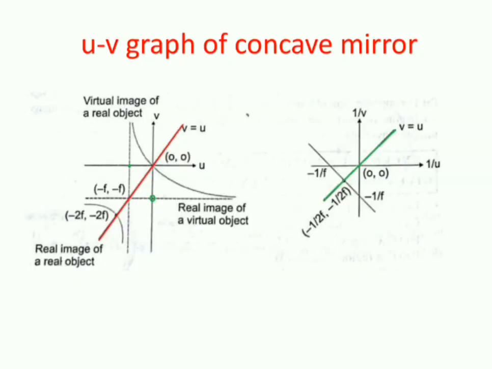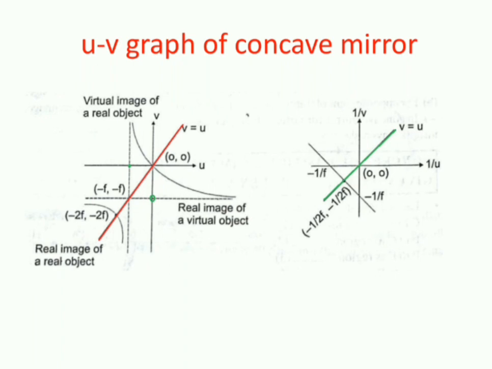Now look at it. What is the nature of the U versus V graph for a concave mirror? Two graphs I have given. One is the UV graph and the other one is the 1 by U and 1 by V graph. When you practically plot a graph for a concave mirror in your laboratory, we do it for real objects and real images. When the object is real and the image is real, U and V both are negative in the case of a concave mirror.